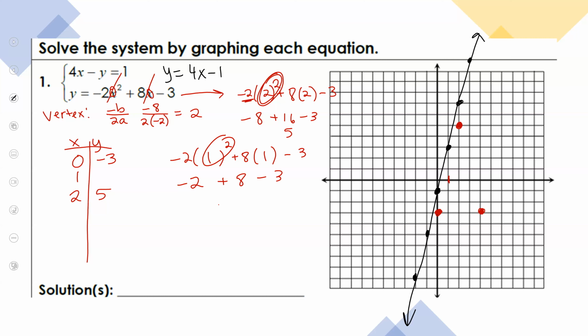So this will be 6 minus 3, which is 3. Okay, so that means we have the point 1, 3 on this graph, and that's right here. So you guys see where these will intersect? Okay, so that means my solution is at 1, 3.